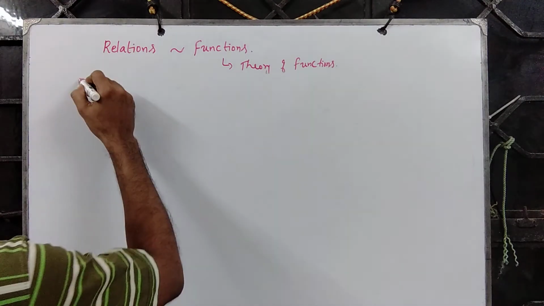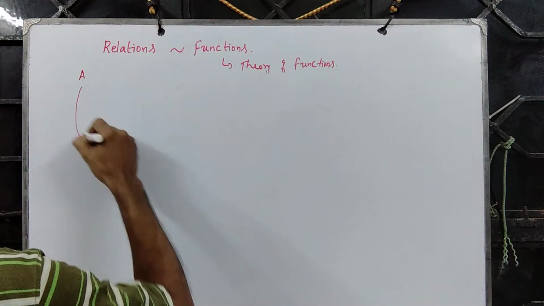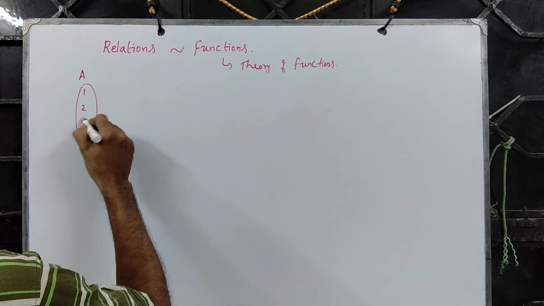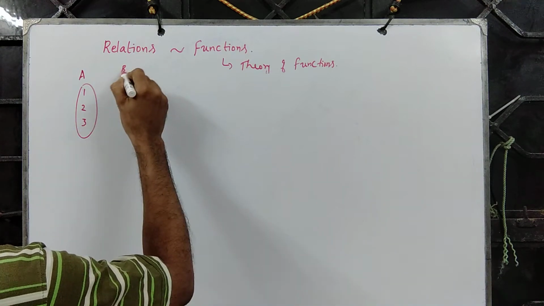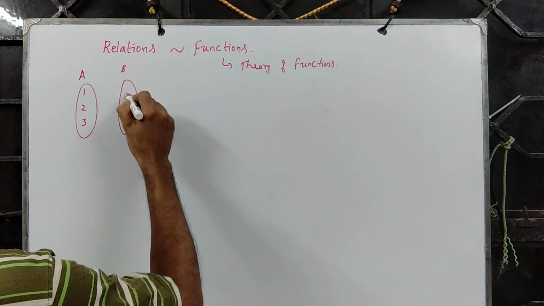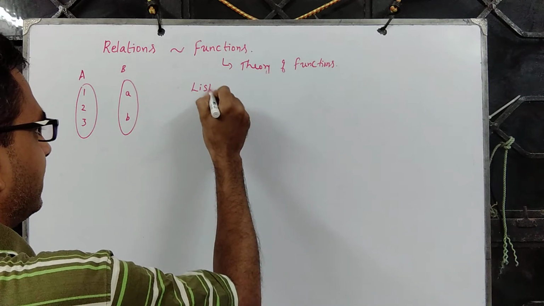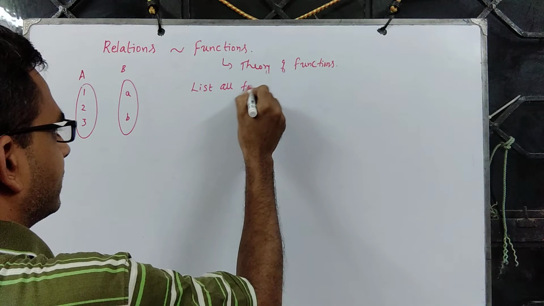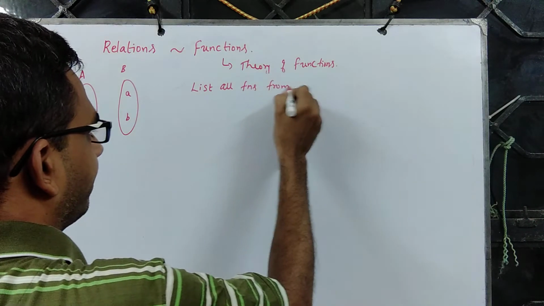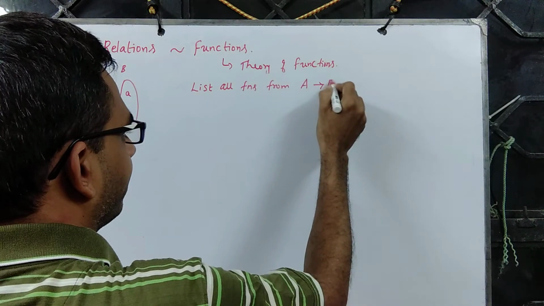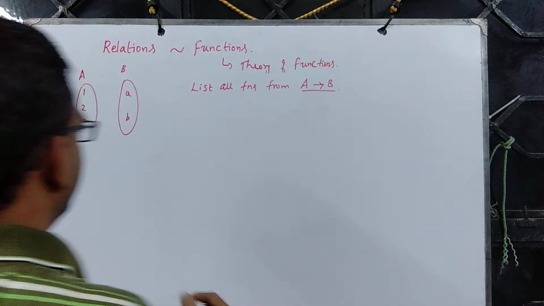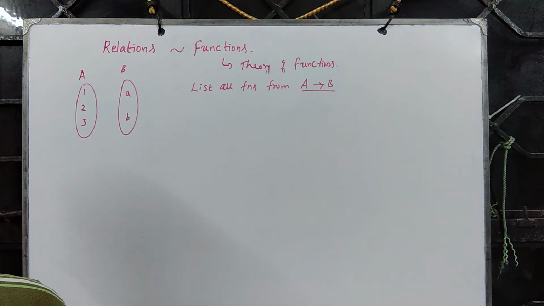So consider a set A having say 3 elements and say B having 2 elements. Suppose we are asked to list all functions from A to B. Let's look at how many different functions are possible.